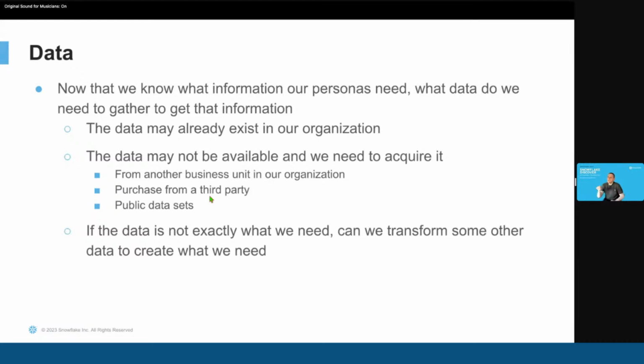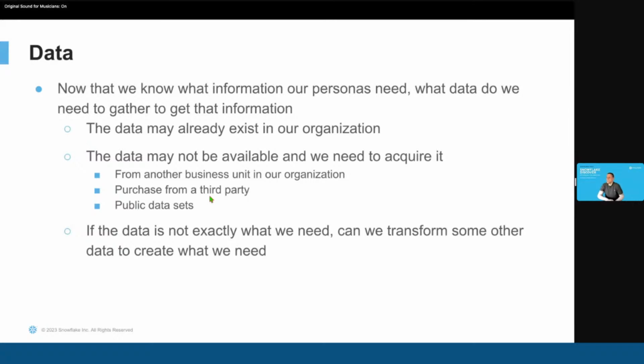And that orders data, that data that we need to be able to visualize it later on, may already exist in our organization, but it might not. And if it doesn't exist in our organization already, then maybe we need to get it from another business unit in our organization.